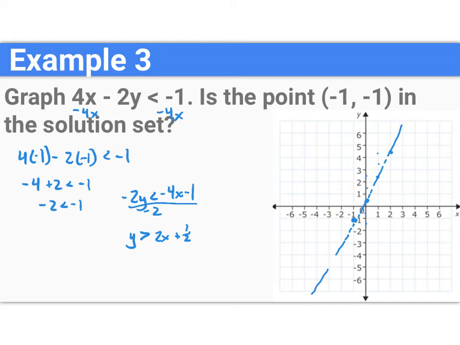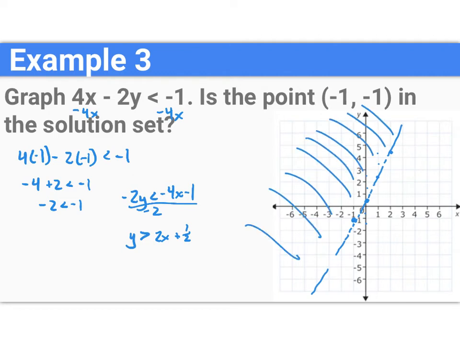And what did we say? Y was greater than. So that means every point up here. As you can see, the point (-1, -1) is not quite on the line. It's slightly above the line. So it is in the solution set. It is not on the line because no point on the line will satisfy the inequality.